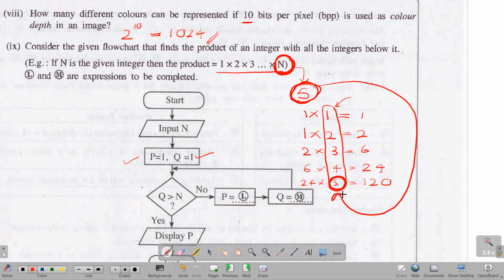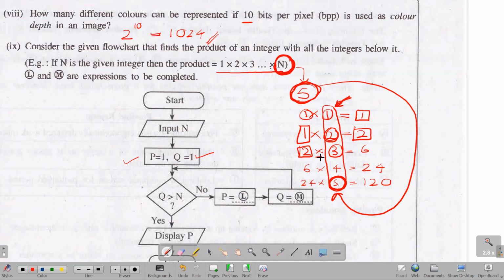So it starts from 1 and is multiplied with 1 for the first time. Then this particular answer is taken over here, this value is increased by 1, and then the multiplication is done. Again this answer is taken over here, the value is increased by 1 and the multiplication is done.